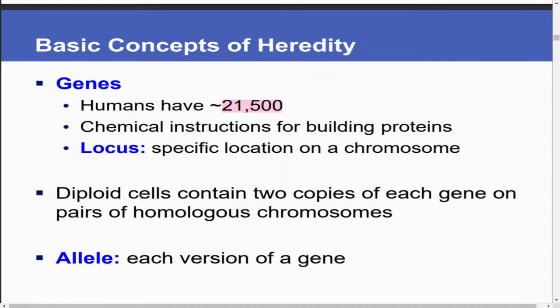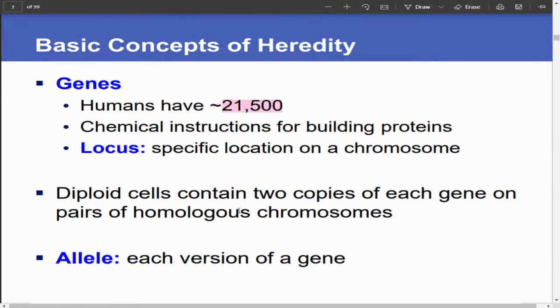Next is the diploid cells. The diploid cells contain 2 copies of each gene on pairs of homologous chromosomes. These are the diploid cells, containing 2 chromosomes or 2 copies of each gene on a pair of chromosomes.